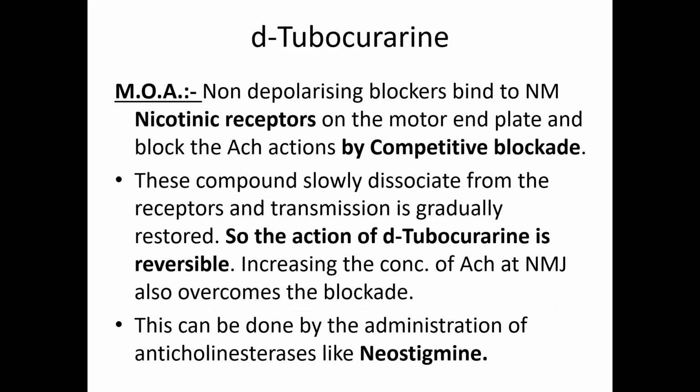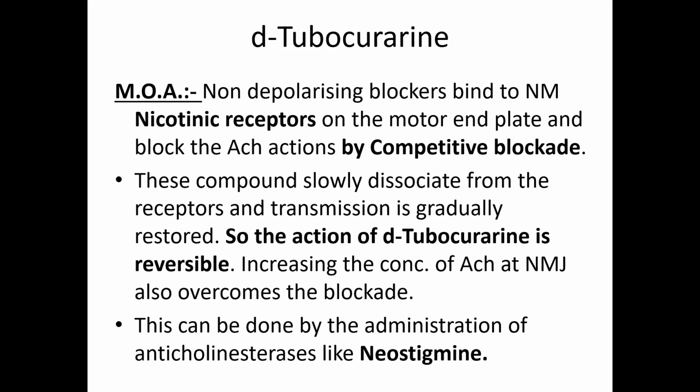Coming to the mechanism of D-tubocurarine, it is a non-depolarizing agent. Acetylcholine causes depolarization of the muscle and the muscle gets contracted. D-tubocurarine inhibits the attachment of acetylcholine at the neuromuscular junction. That is, it is a non-depolarizing blocker.